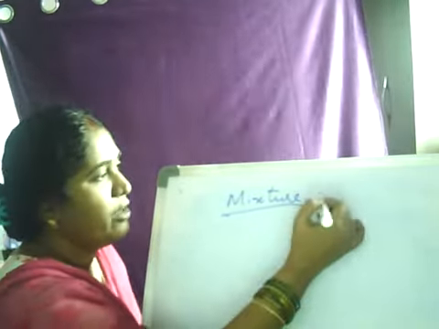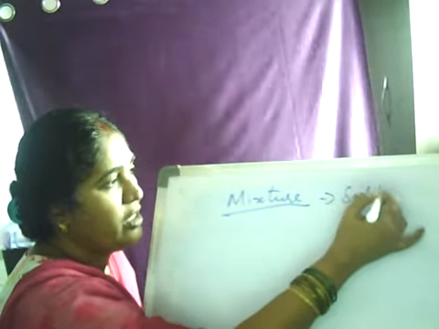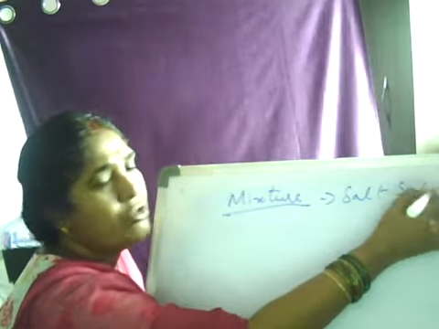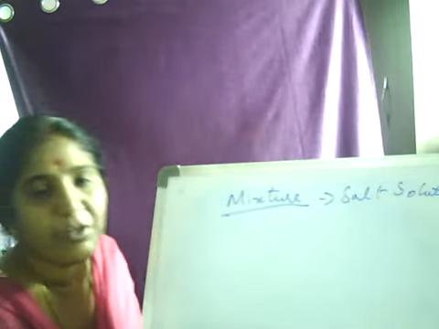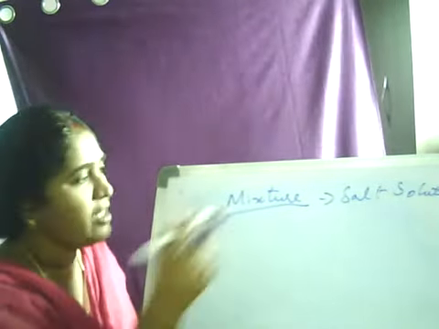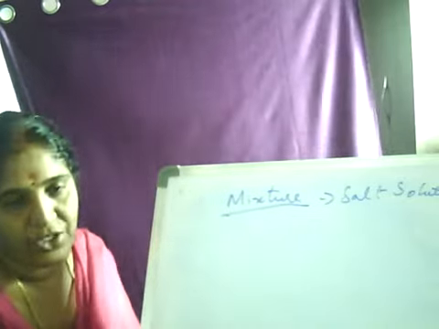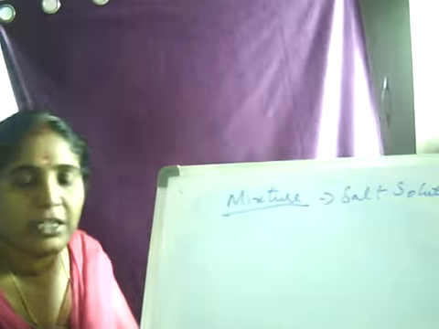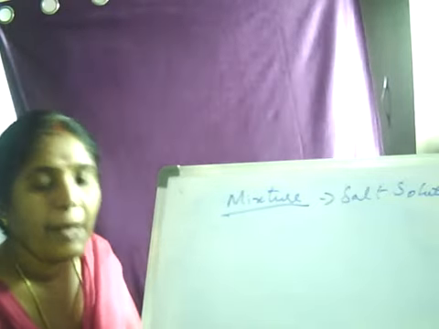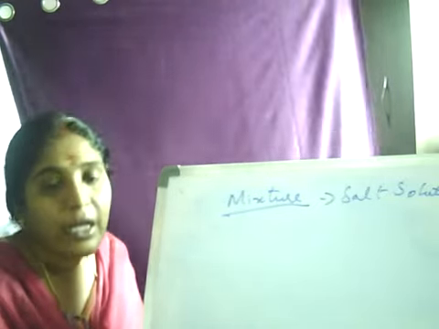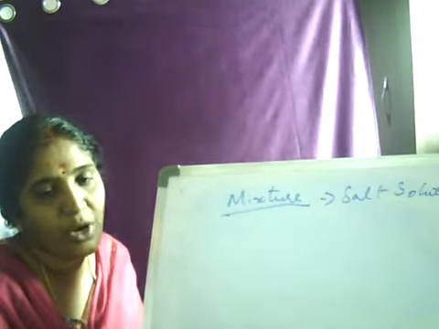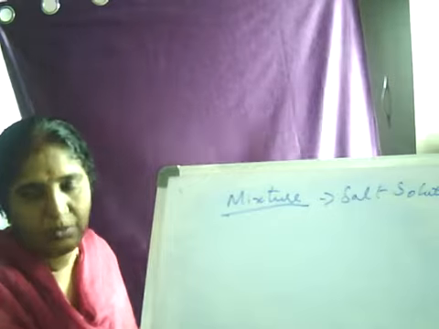For example, you can take a salt solution. There's no such proportion where it has been fixed for that solution. That is what is called a mixture. It is a combination of many atoms, but it doesn't show the same property. So that is why it is called impure.